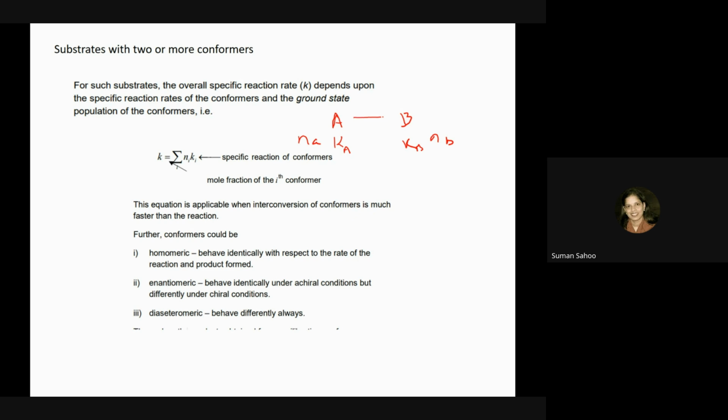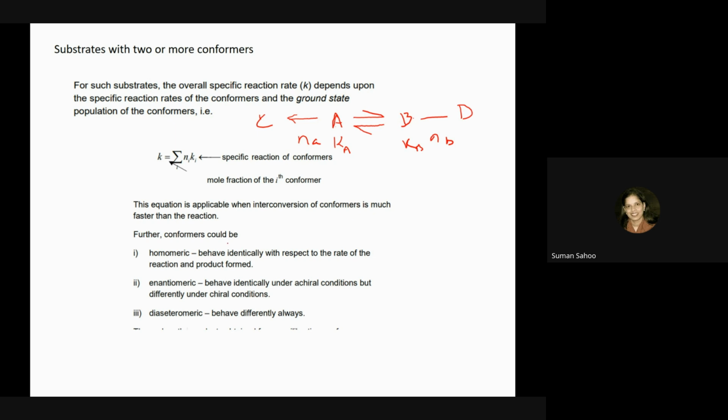That means one conformer is going to another conformer. For your cyclic compound in the chair conformation, as we know, it can flip from equatorial to axial. Interconversion is much faster than the reaction. Suppose we are doing the reaction, A gives rise to product C and B gives rise to product D, but interconversion is faster.